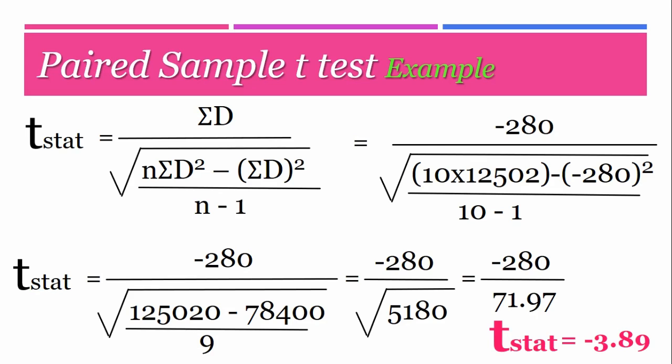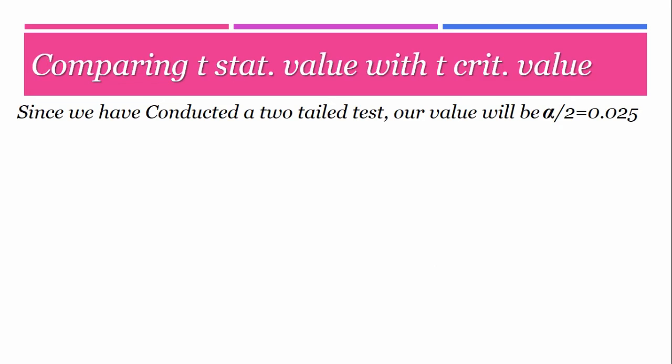Now this obtained t statistic value, minus 3.89, we have to compare with the critical value, that is the value given in the t statistical table. Since we have performed a two-tailed test, our significance value will become alpha divided by 2. That is, 0.05 divided by 2 is equal to 0.025.